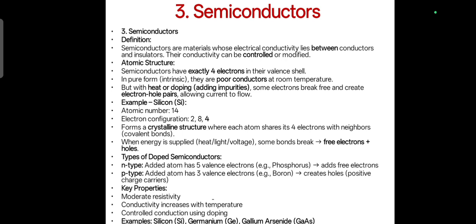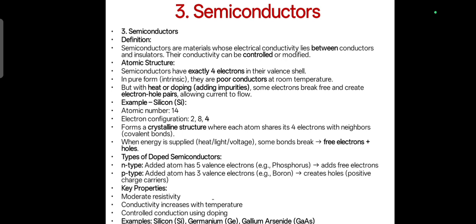When energy is supplied, some bonds break, giving free electrons plus holes, and then conductivity takes place in the semiconductor. Types of doped semiconductors. This extrinsic semiconductor is divided into two types, n type and p type.